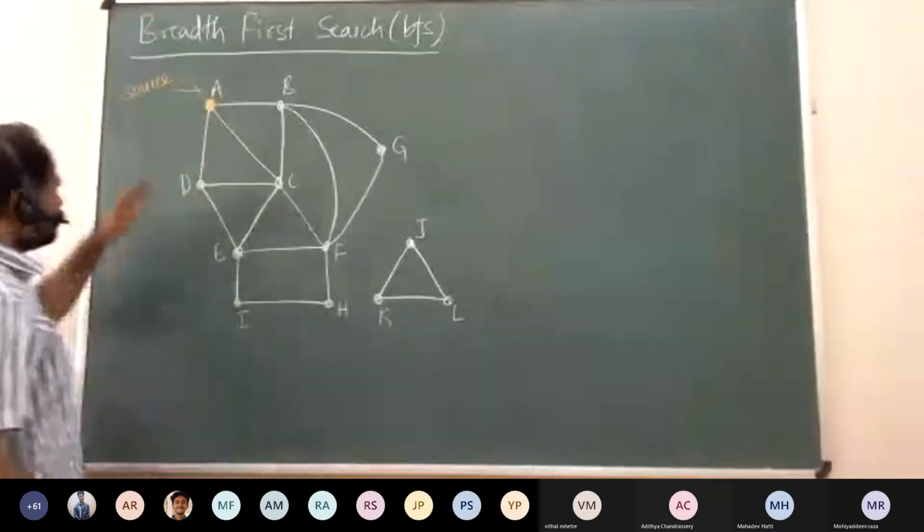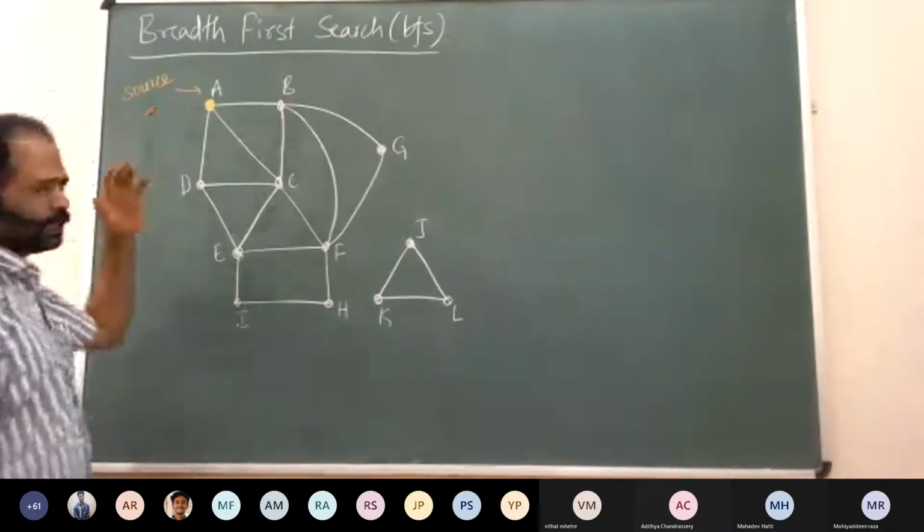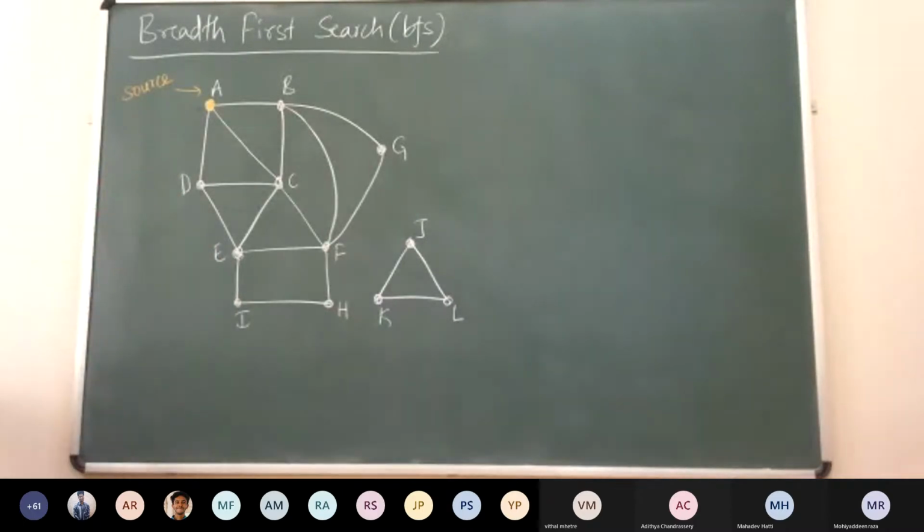Now you start with this and visit the neighbors of this vertex. With respect to the neighbors, you can choose whichever neighbor you want to visit, so different traversals might have preferences for different neighbors.